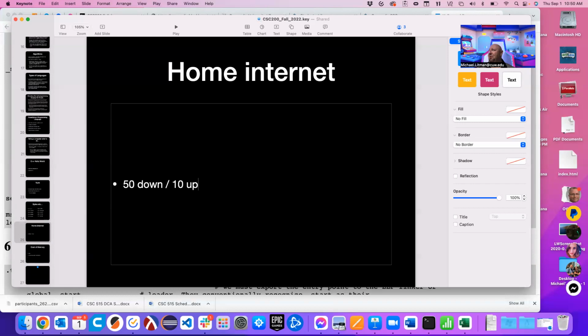You don't need a fast upload to accomplish that. Okay, so it's 50 what down? Megabits. All right, so if you look at the bill, it'll be megabits per second. But what do the commercials say? Commercials say, oh, it's 50 meg. Sounds better.